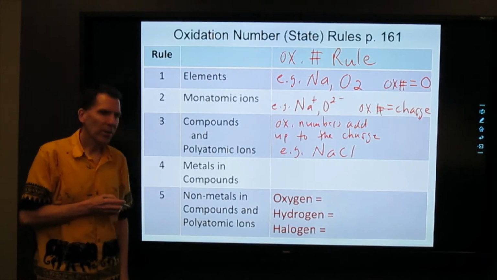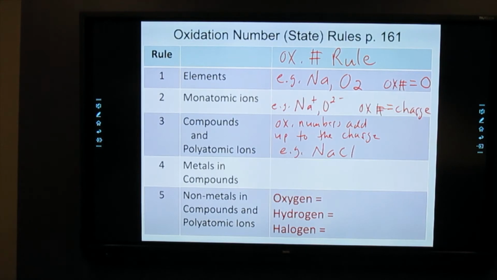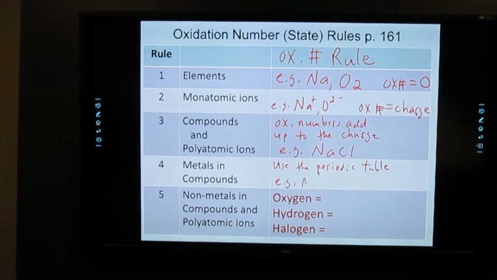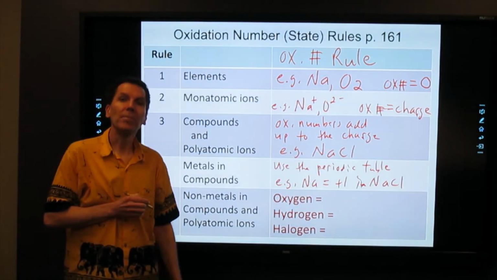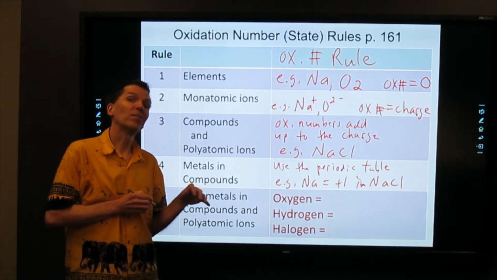So when we think about metals in compounds, we just use our knowledge base of the periodic table. If you had something like calcium oxide, CaO, the calcium is in column 2, so it's a +2.